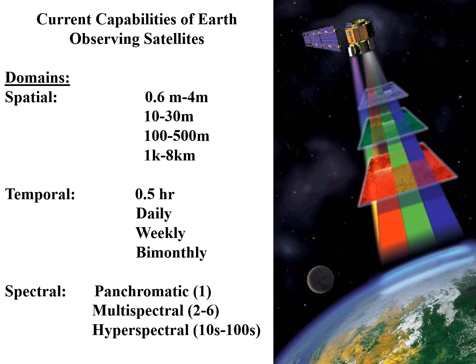And then bi-monthly, twice a month, things like Landsat generally cover the Earth every 16 days. Finally, we have 3 spectral domains. One of them is panchromatic. Well, that's just one band. Another is multispectral, so say 2 to 6 or maybe 2 to 8 bands now. And finally, you have hyperspectral domains, so that's between 10 and 100 bands.